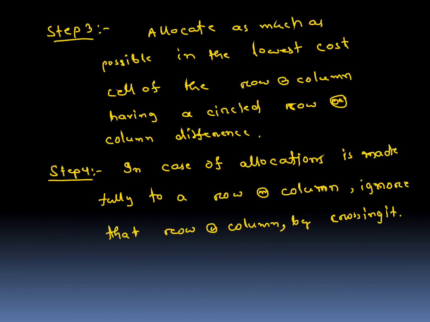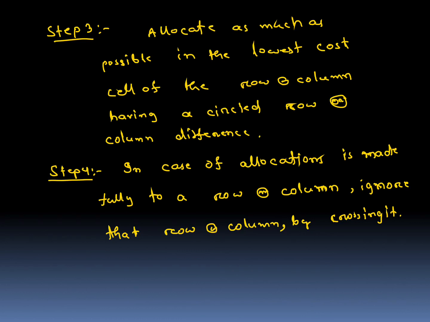Then step 3, allocate as much as possible in the lowest cost cell of the row or column having the circled difference. A circled row is your key row. Then step 4, in case an allocation is made fully to a row or column, ignore that row or column by crossing it.